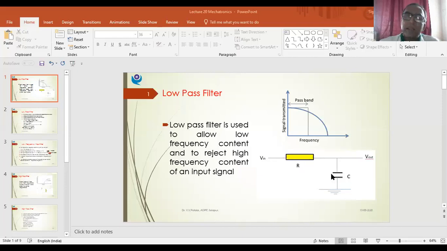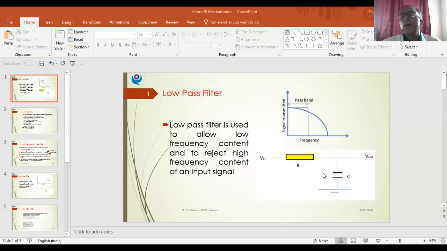So what are the individual voltage drops here? Across the resistance, I have the drop V equal to IR, isn't it? The potential across the resistance is IR, and for the potential difference across the capacitance C, in the last part of the lecture we saw that the voltage drop across the capacitance is 1 by C integral of I dt.